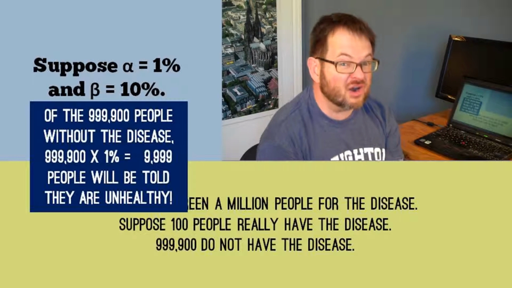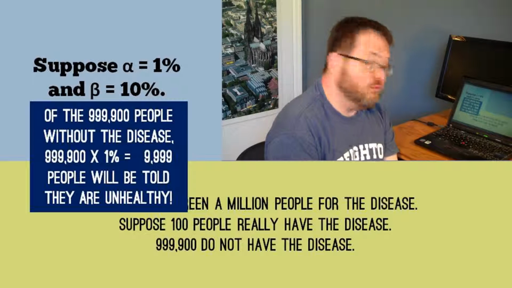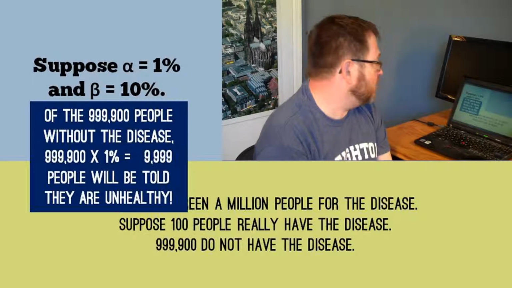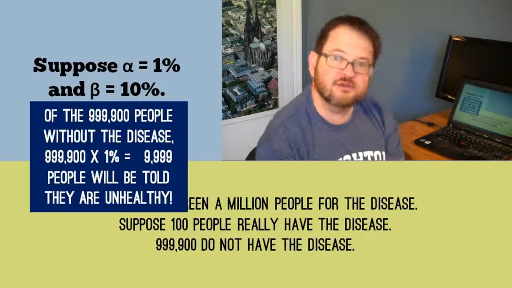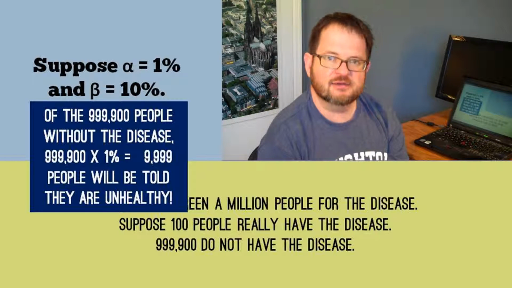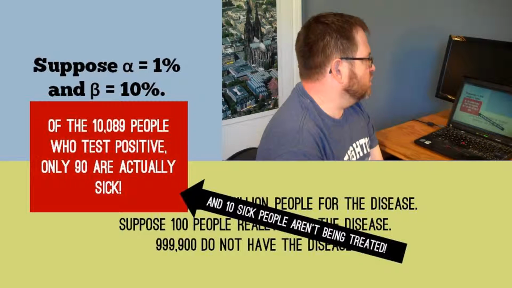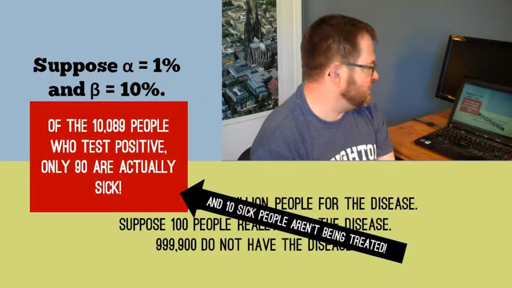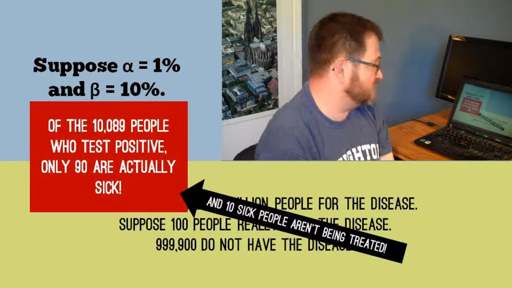They don't want that. And of the 999,900 people who really are healthy, we have a 1% chance of making a type 1 error, so roughly 10,000 people are going to be told they're sick when they're fine. Uh-oh, those are type 1 errors. So we're going to tell a little over 10,000 people that they tested positive for our rare but serious medical condition.